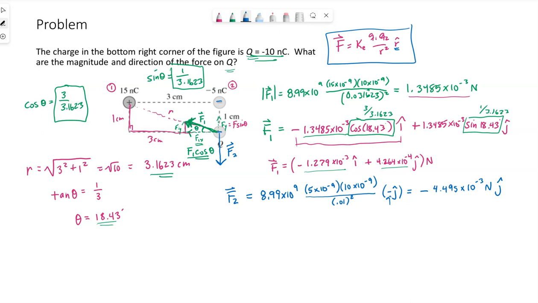Now, by the way, you might notice if we had put a negative sign on both of the charges, because they were both negative, we would still need to put that negative sign in for the direction. Make sure your answer and the direction it is written in totally makes sense in terms of the problem.